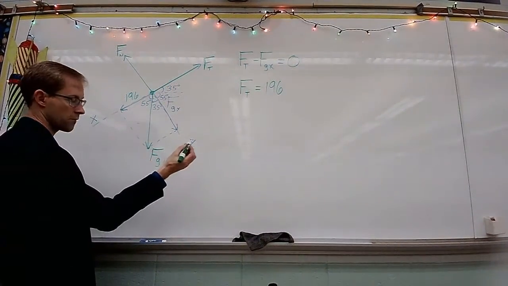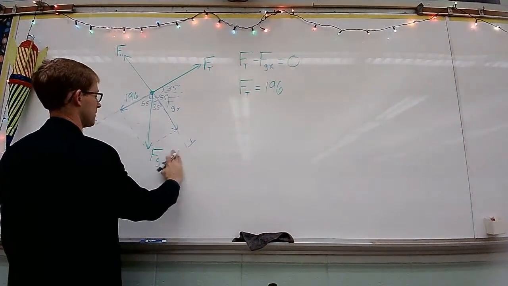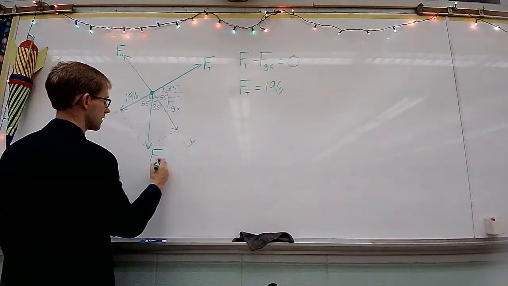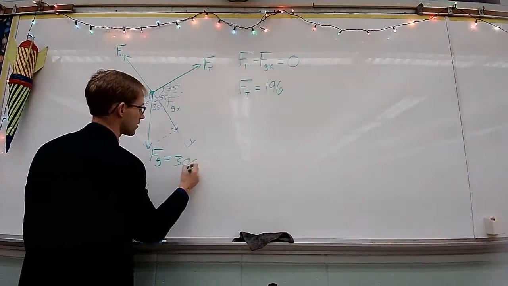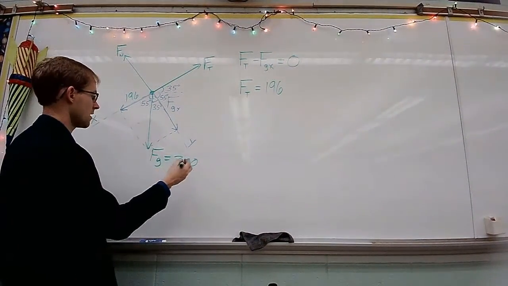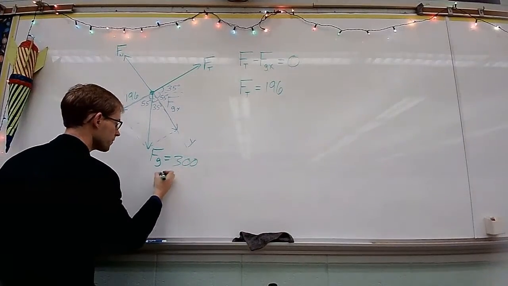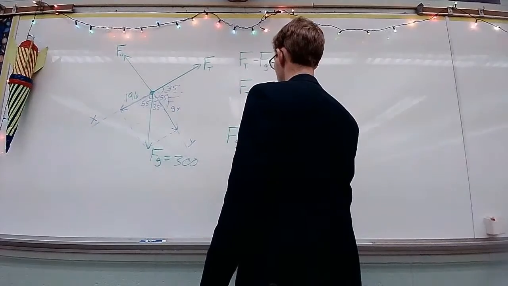Because say your force of gravity ends up being equal to, it would be higher than 196. So let's say force of gravity just ends up being equal to 300. If your force of gravity is 300, remember that force of gravity equals mass times g.